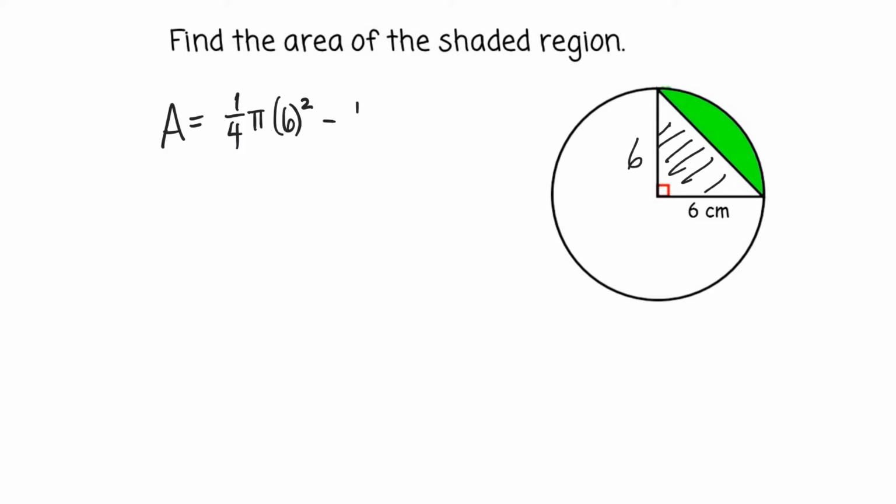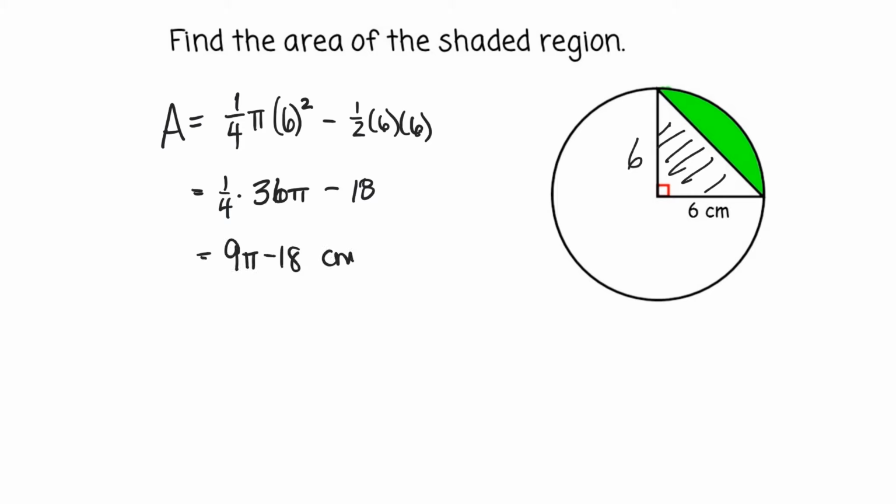So I need to subtract 1/2 of my base times my height. So we have 1/4 times 36 pi, minus 6 times 6 is 36, half of that is 18. So now 1/4 of 36, that's 9 pi minus 18.